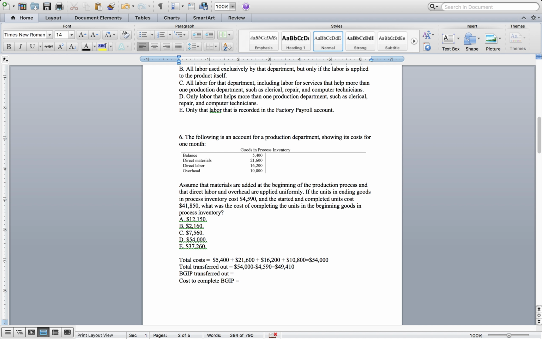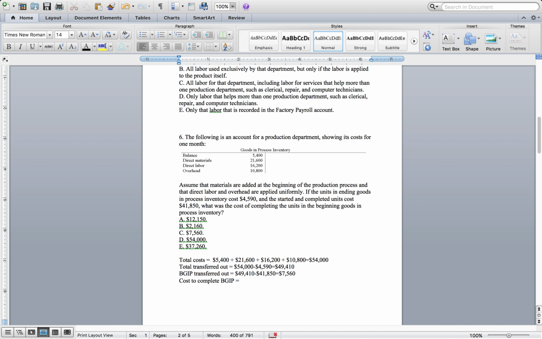Okay, next part, what's the beginning goods in process transferred out? Well, again, keep coming down now. Take the $49,410 and subtract the completed units cost, which was $41,850, which would be $7,560.